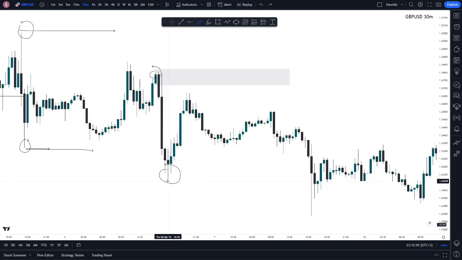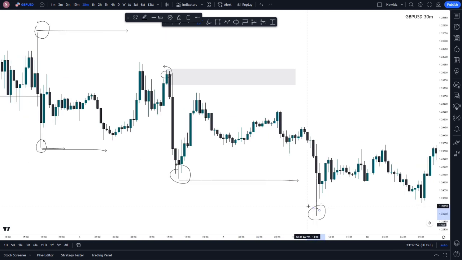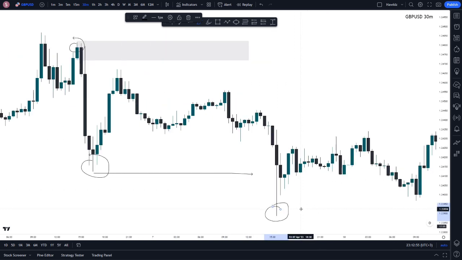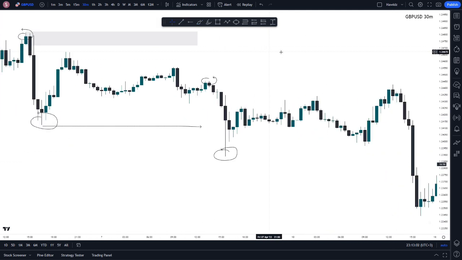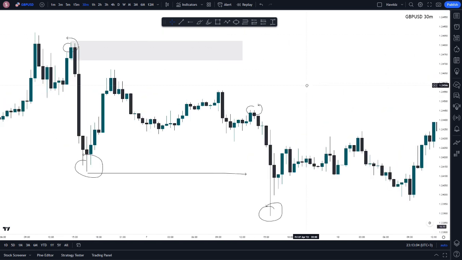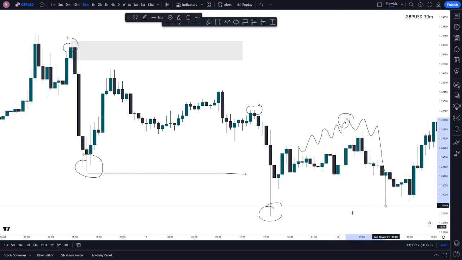Now, what happened is price came in and broke this low here and formed a lower low. Now, upon forming this lower low, so this was the NFP news, this low came from this high here. So what we had in mind, of course, in the Green Pips FX Academy was the same thing: we're expecting price to reach into an area of supply and then trade off from there and target the lows.